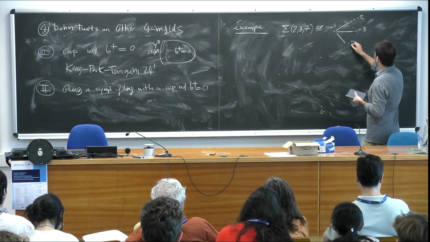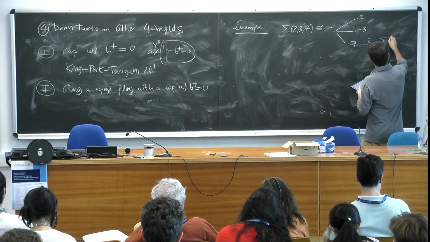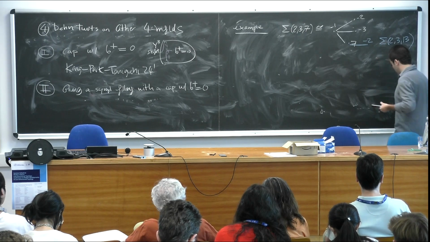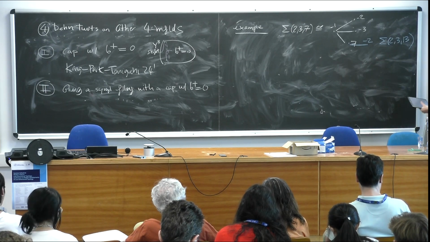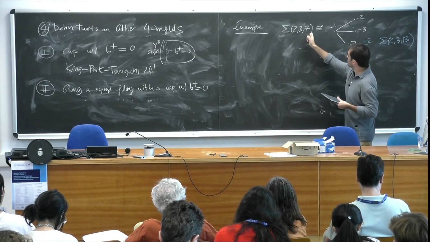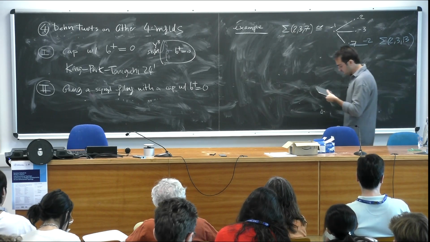And if you add an additional -2 vertex here, then you obtain instead the Brieskorn sphere Σ(2,3,13). And there's a 2-handle cobordism from Σ(2,3,7) to Σ(2,3,13), which is going to be negative definite.